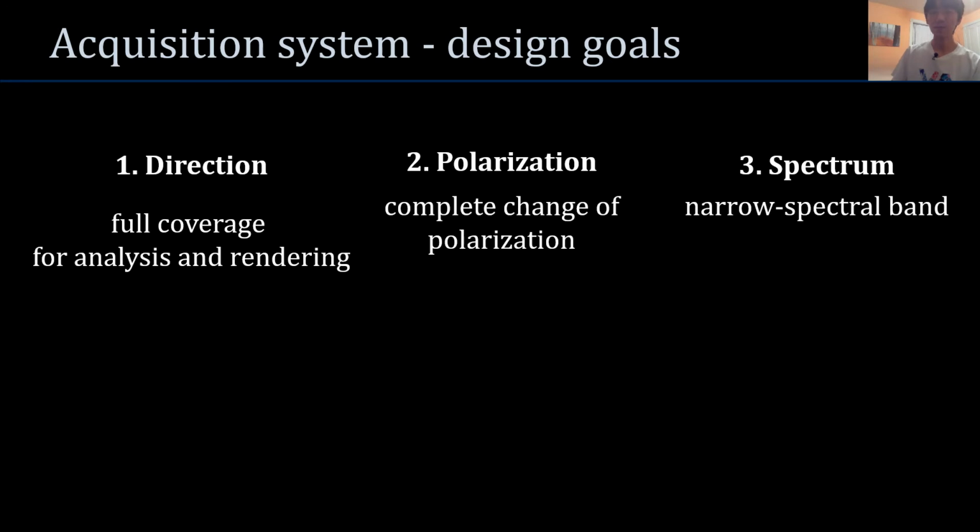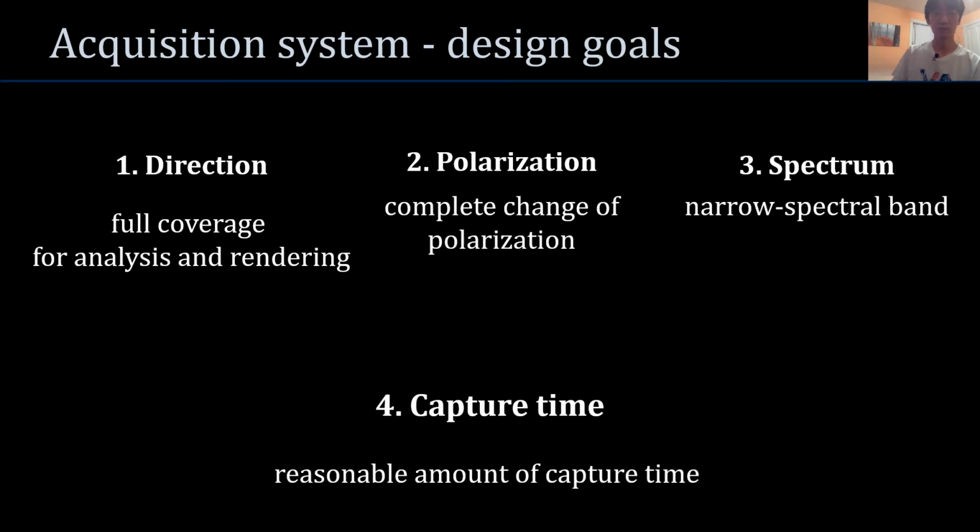Third, this PBRDF should be acquired per each narrow spectral band because polarization is relevant to spectrum. Lastly, capturing PBRDF shouldn't take too long. Existing PBRDF imaging systems take months for capturing a sample, which is impractical to acquire PBRDF of multiple materials.